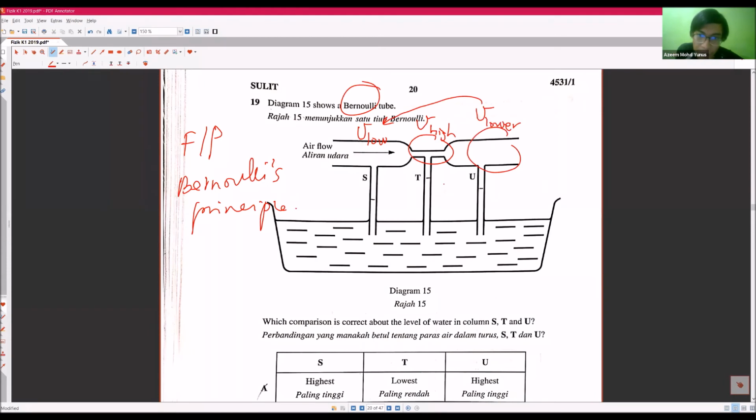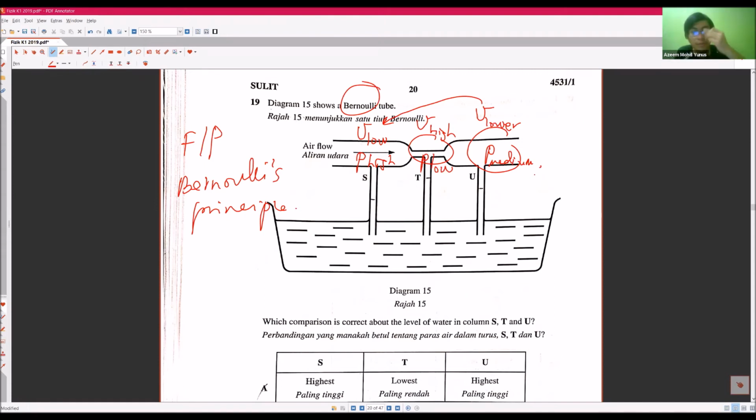Even though the size of the opening is the same, we assume this must be lower in speed compared to the original due to friction or heat loss in the middle. The Bernoulli principle states that the higher the velocity, the lower the pressure, and the lower the velocity, the higher the pressure. So if V is low here, the pressure is high. This one has low pressure, and this one has pressure a little lower than the original, so we say medium pressure.